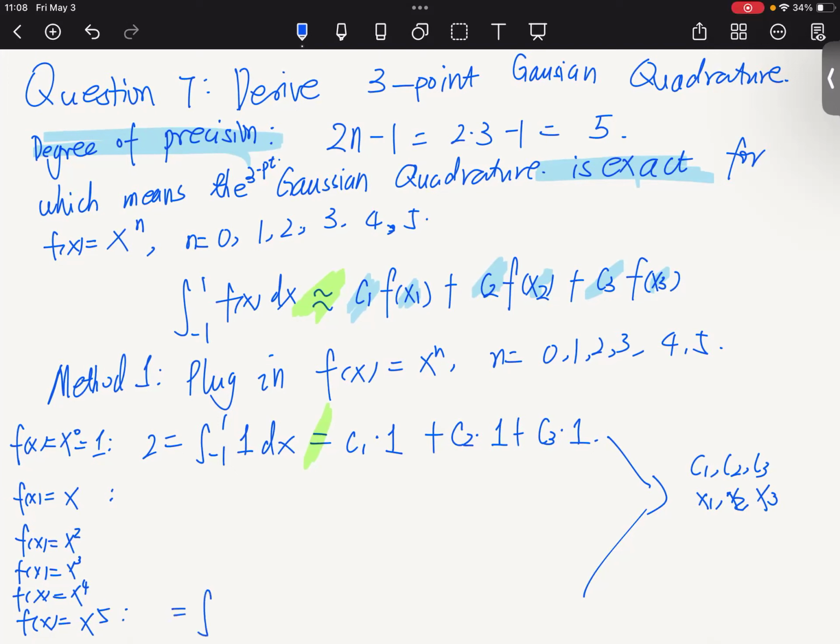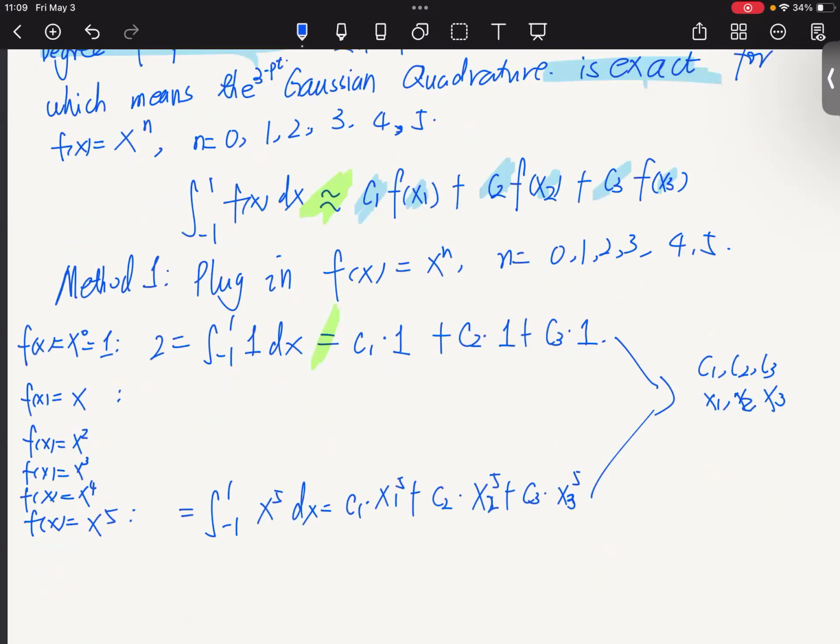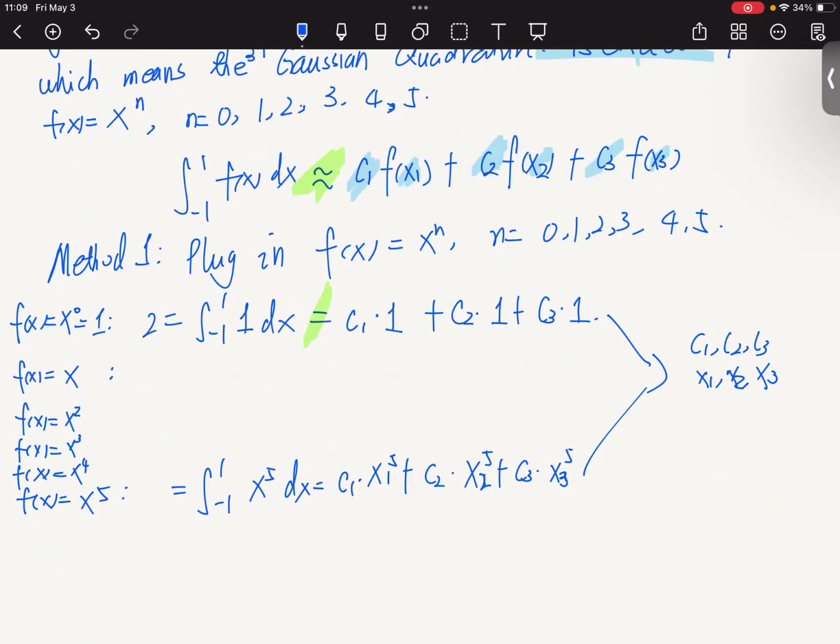You have a system of nonlinear equations, because you have C1 x1 to the order 5, C2 x2 to the order 5, C3 x3 to the order 5. You have orders more than 1, so this system of equations is hard to solve. So this is method 1.